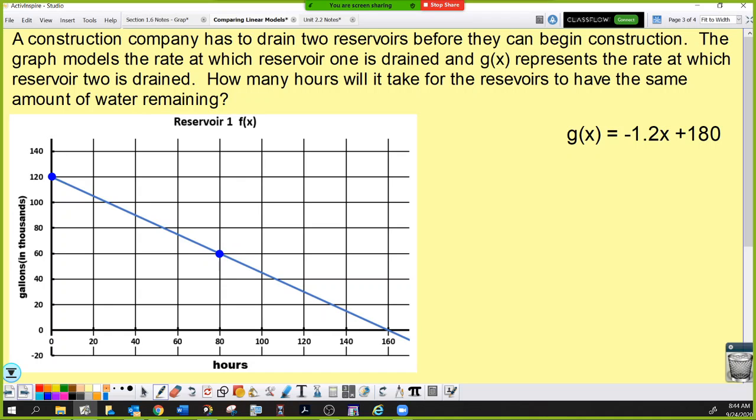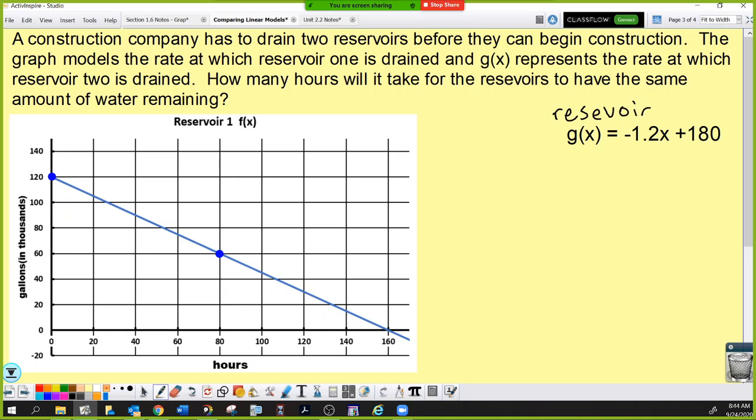Short notes. A construction company has to drain 2 reservoirs before they can begin construction. The graph models the rate at which reservoir 1 is drained. And g of x represents the rate at which reservoir 2 is drained. Well, it's not labeled, so I'll go ahead and label it.